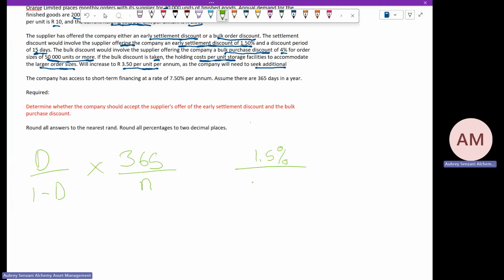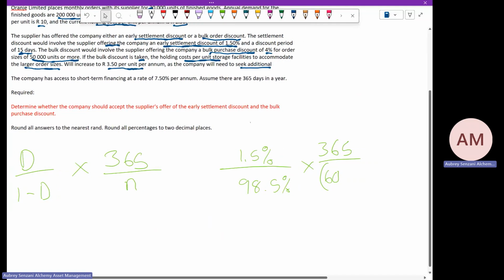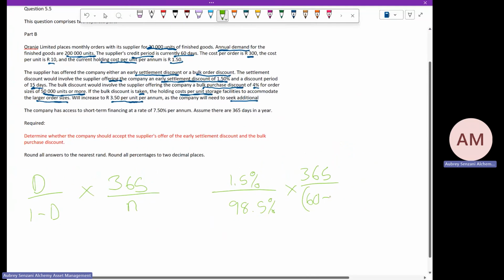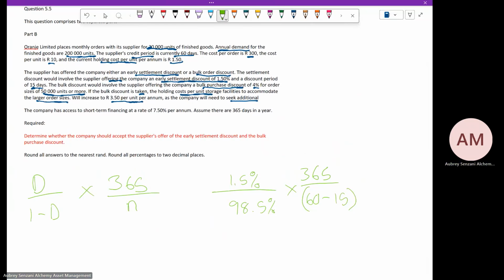So 1 minus 1.5 should give us 98.5%. Then times 365, over 60, that's the credit period from our supplier, minus 15 days to get the discount. So what is the cost of foregoing the discount?